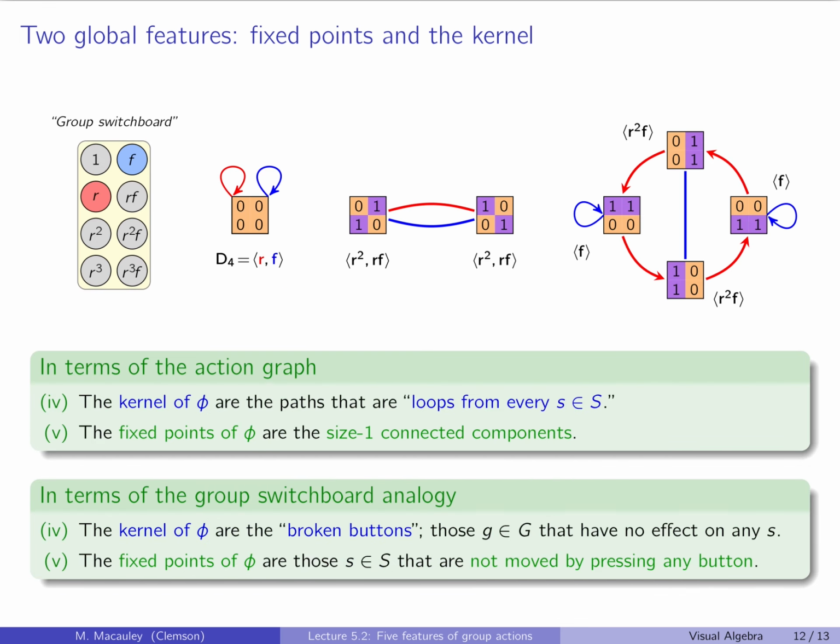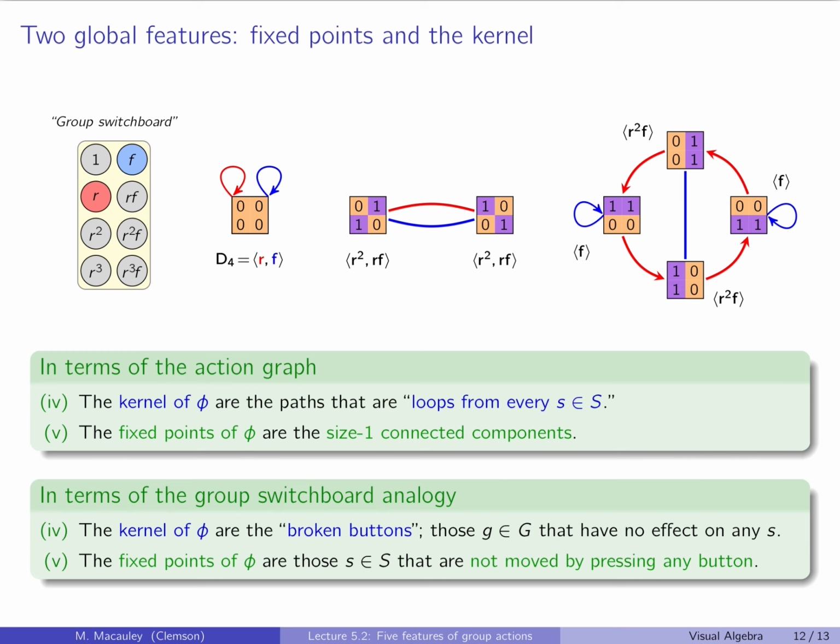As before, we will get a lot of mileage out of going back to our action graph visual and group switchboard analogy and interpreting these concepts there. So here's our favorite running example. And the kernel of phi are just the group elements whose paths are loops from everywhere.